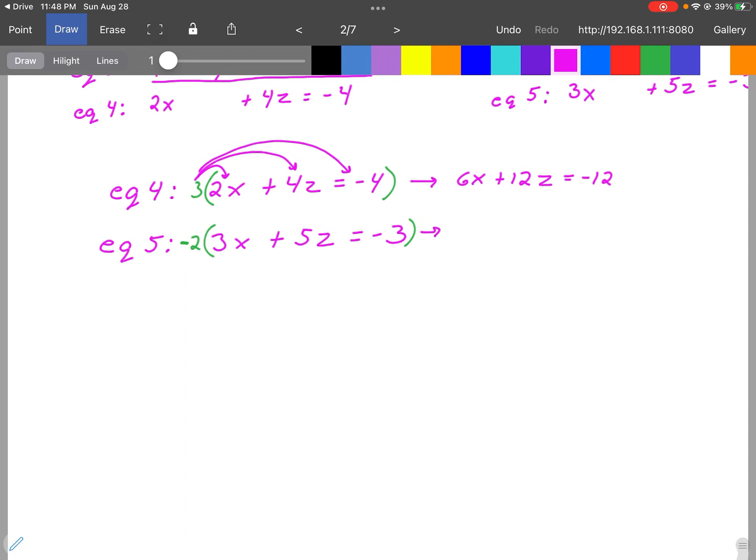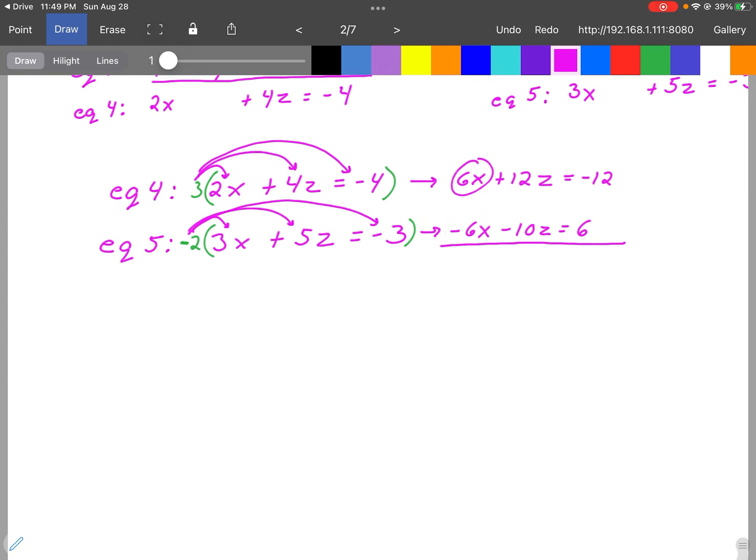Now I want to go ahead and modify that equation 5. So then that's going to give me a negative 6x. Then we have a negative 10z equals a positive 6. All right, so now that I have those x's ready to cancel, I'm going to combine those two equations.